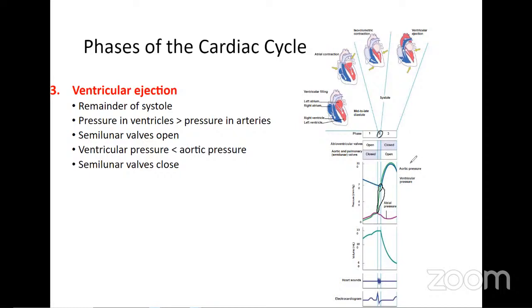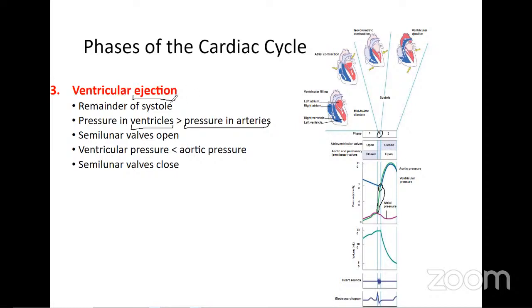Once we have higher pressure in the ventricle versus lower pressure in the artery, our semilunar valves are going to open because that's the correct direction for the flow. Those valves are going to collapse against the artery wall, and this means that we actually squeeze blood out. So that's what we're ejecting during the ventricular ejection phase.